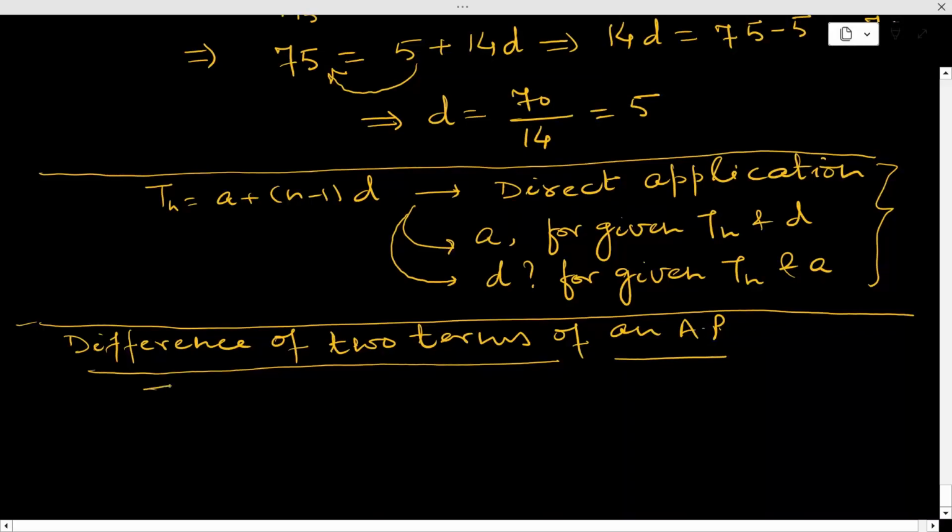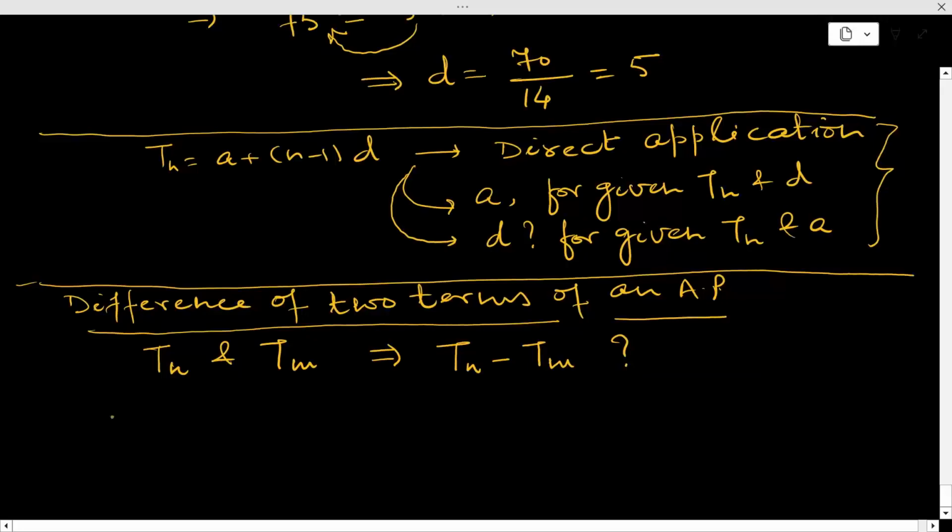Suppose you are provided Tn and, let's say, Tm. So we have two terms Tn and Tm, and we have to calculate the difference between Tn and Tm, that means Tn minus Tm. So what is the value of this difference?